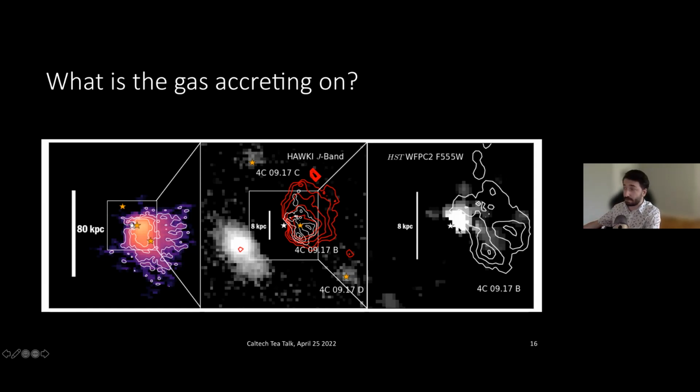This is HST Wide Field Planetary Camera 2 imaging in the V band. Essentially, you can see some UV light from the quasar host galaxy, and also a portion of the light from the merging galaxy that's closest to the quasar. And so you can see that likely this extended emission that we see in Lyman alpha is probably accreting onto this group of 3 galaxies plus the quasar host.